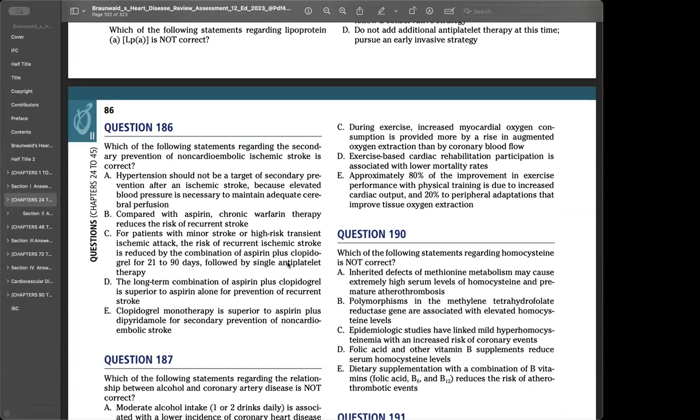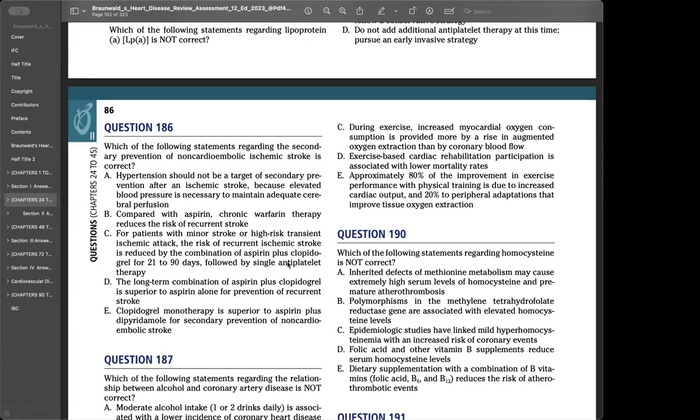C, during exercise, increased myocardial oxygen consumption is provided more by an increase in augmented oxygen extraction than by coronary blood flow. D, exercise-based cardiac rehabilitation participation is associated with lower mortality rates. E, approximately 80% of the improvement in exercise performance with physical training is due to increased cardiac output, and 20% to peripheral adaptations that improve oxygen extraction.